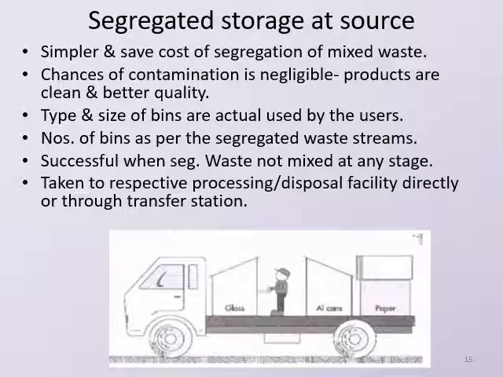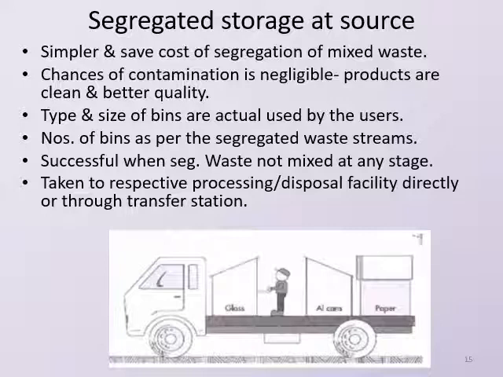Products are clean and of better quality. The type and size of containers or bins are actually used by the users because the waste is already segregated. The number of bins is as per the segregated waste streams. It is successful when segregated waste is not mixed at any stage, and is taken to the respective processing or disposal facility directly or through some transfer station.